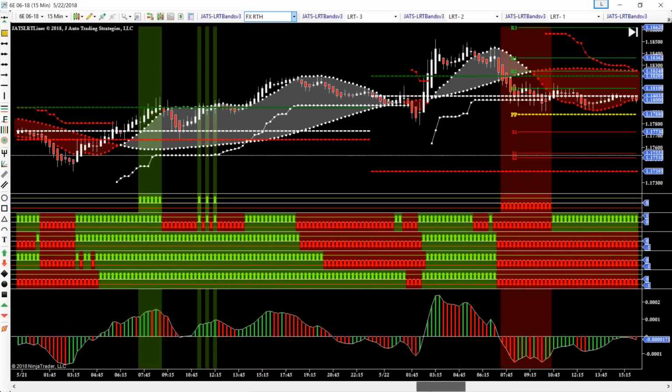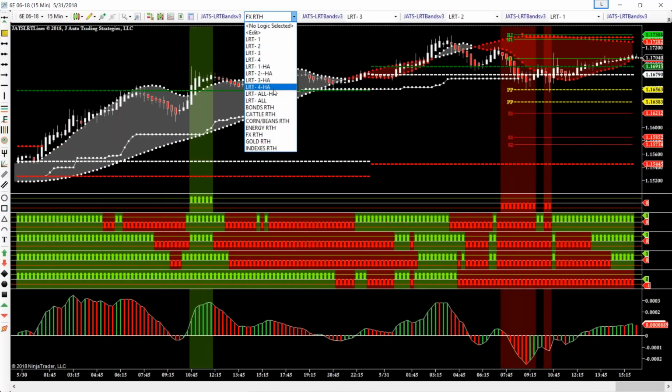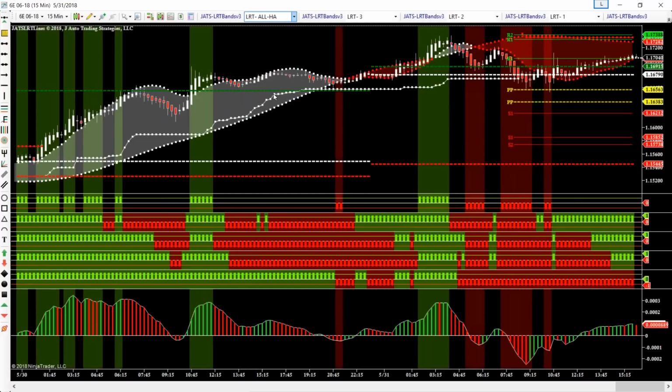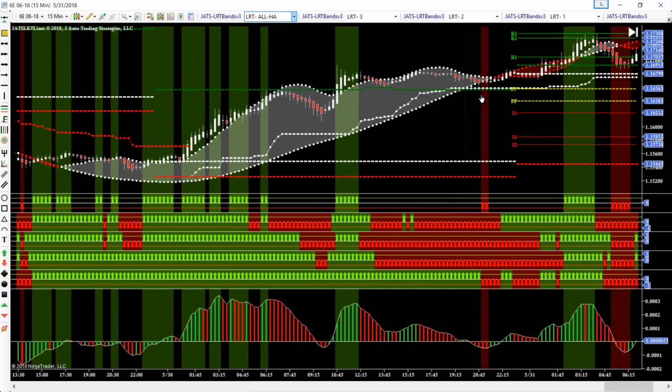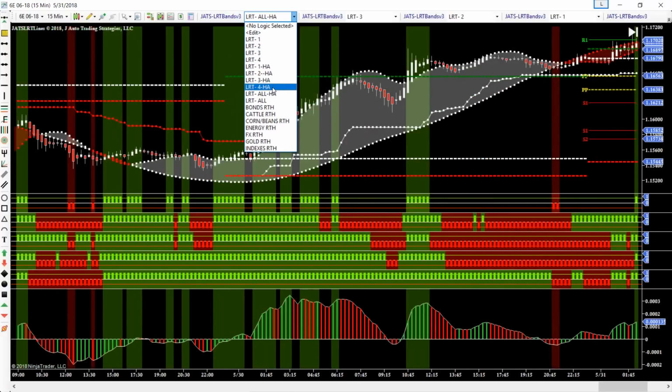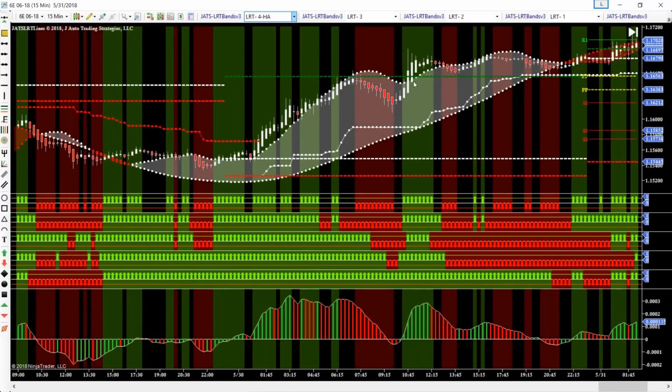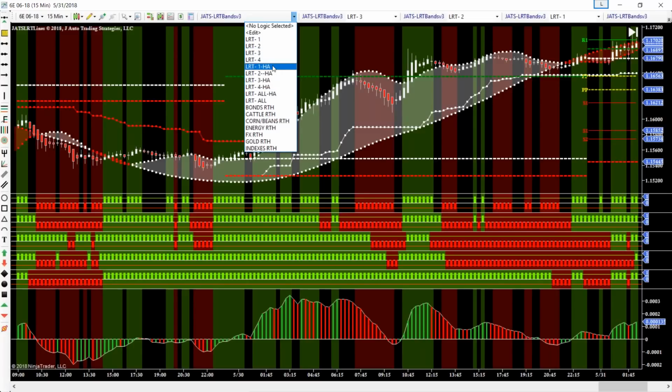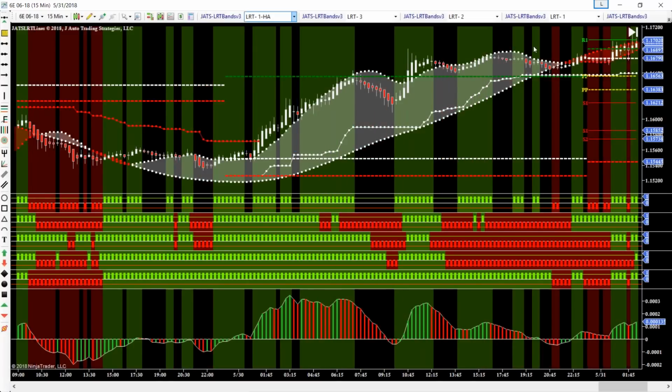And or you can use what we do is the all setting outside the RTH, or the 4 gives you the closest representation of what price is actually doing on a linear regression, or the 1 will give you that directional movement that you're looking for.